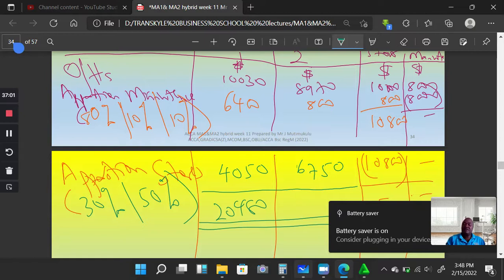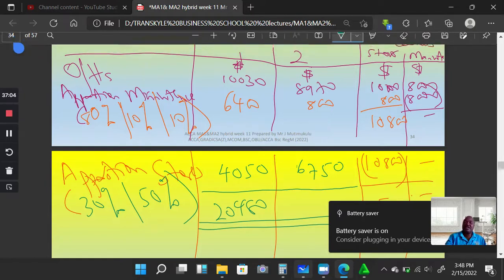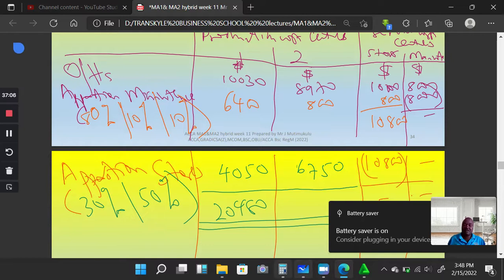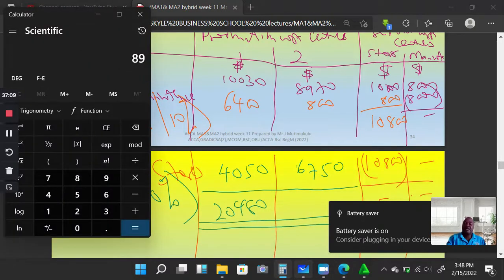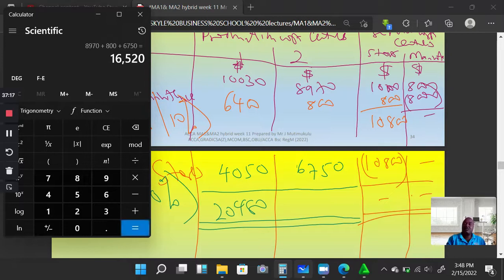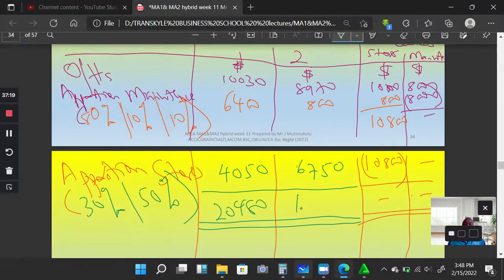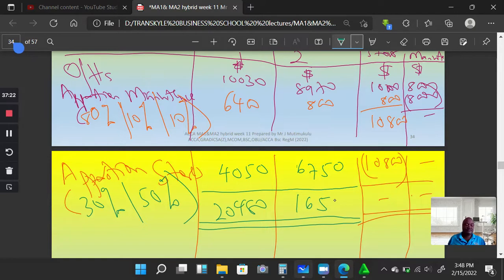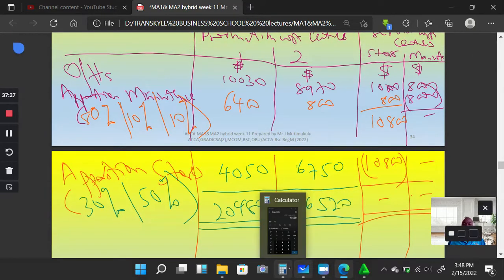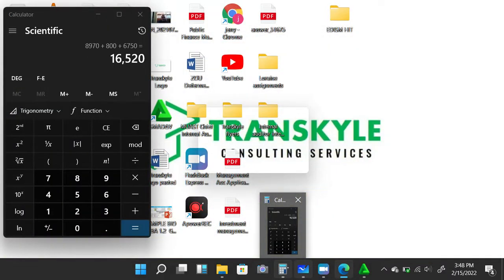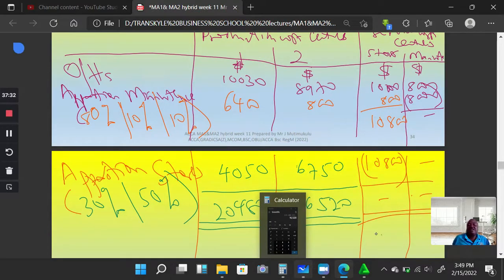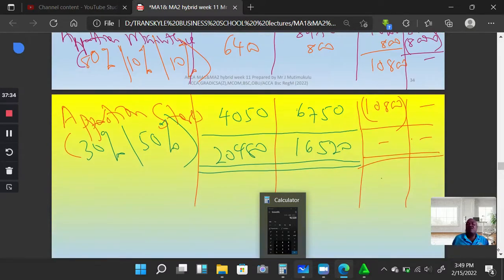We go to the next production cost center. According to our calculator, 8,970 plus 800 plus 6,750 gives us $16,520. That's the total of the overheads according to the step-down approach.